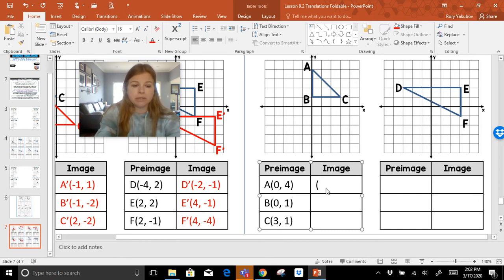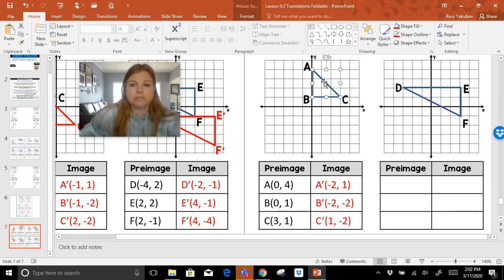So we're subtracting 2, subtracting 3. Okay, so subtracting 2, 2 to the left, and then subtracting 3.